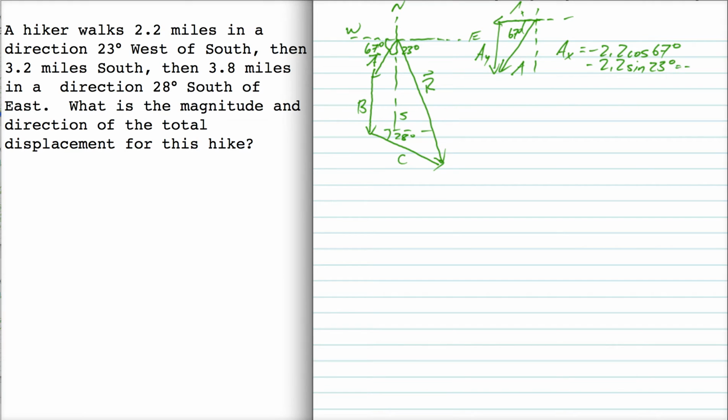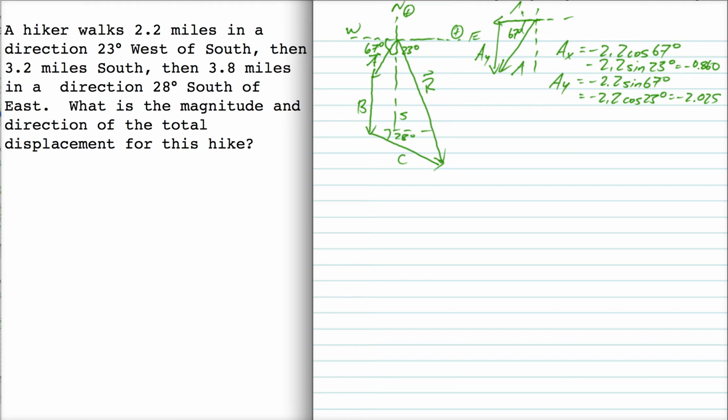Either way, that's negative 0.860. And then Ay is also negative 2.2 sine 67, or if you prefer, negative 2.2 cosine 23. And that's negative 2.025.